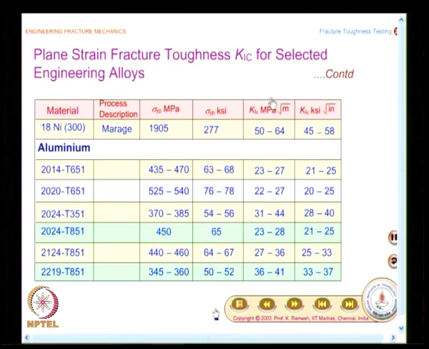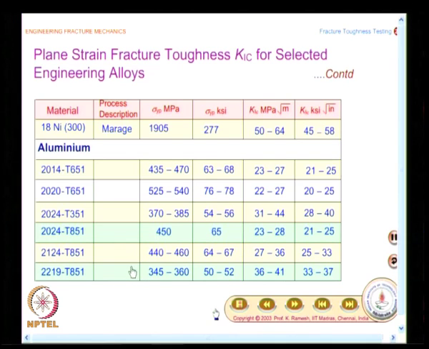The fracture toughness is far below that of steel. You have it only from 23 to 27 MPa root meter. So, the knowledge base you should keep in mind is fracture toughness for steel is quite high in comparison to aluminum, which we had seen graphically also earlier.